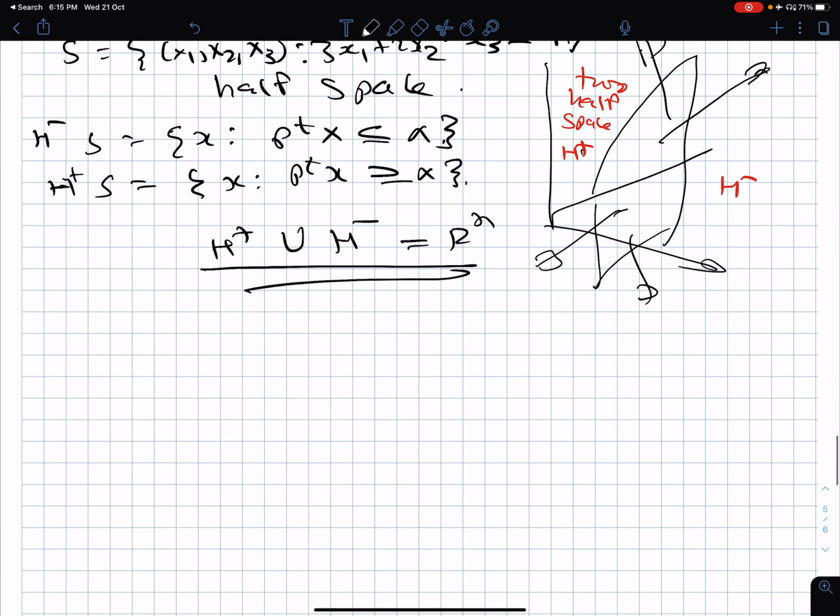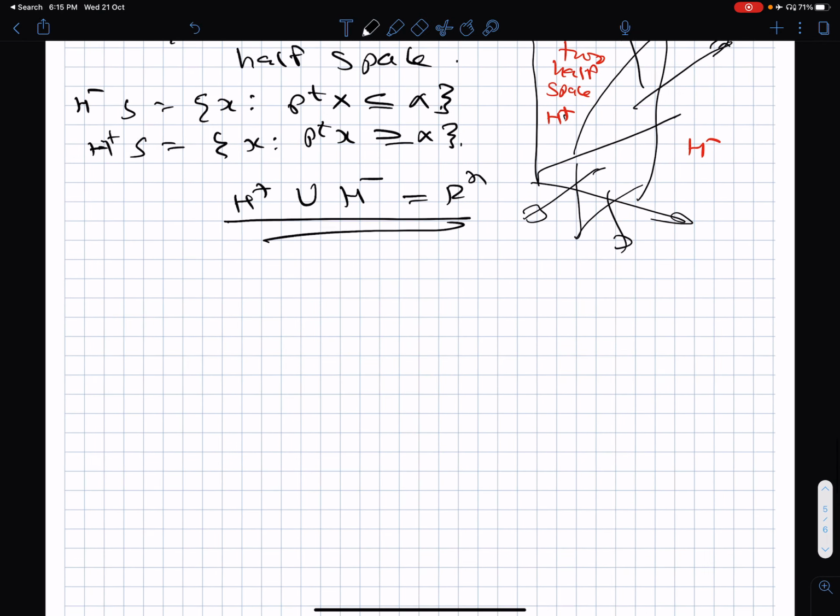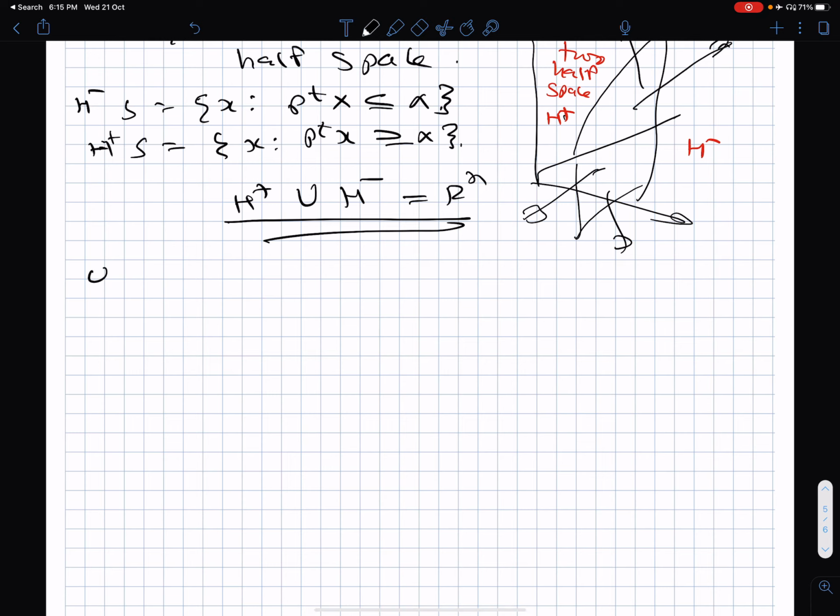Now my question is, is the half space convex? Answer is of course yes. That's why I have taken it up.